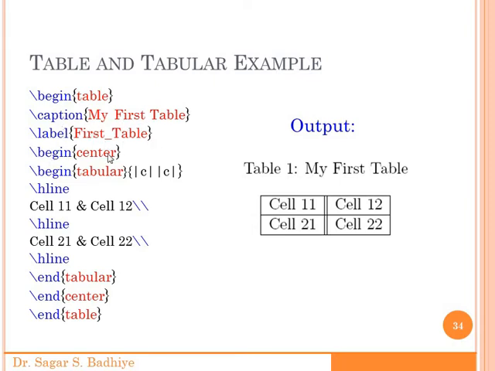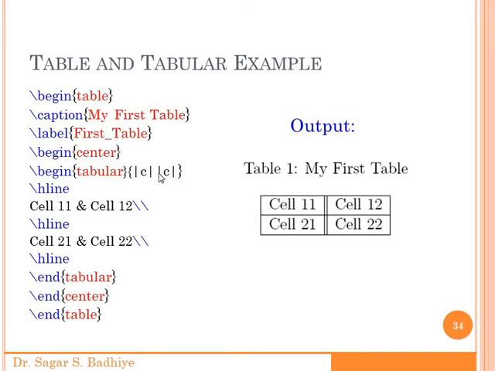Then \begin, we create a center environment, so that the table will be placed at the center of the page. Then \begin tabular, this marks the start of the table, and here I have created 2 columns, right, separated by 2 vertical lines in between, and the text of the first column will be centered and the text of the second column will also be centered.